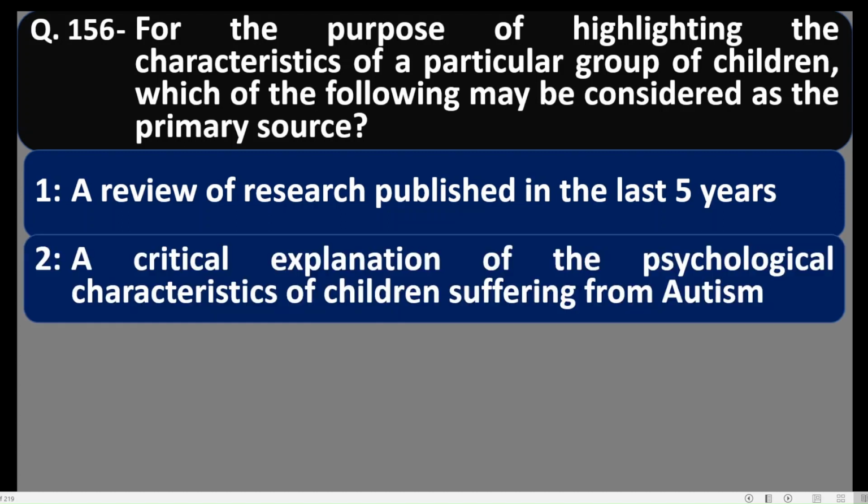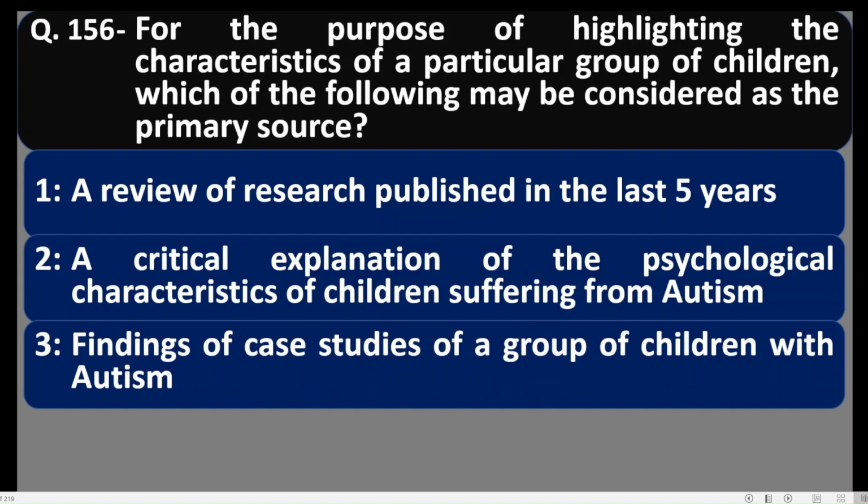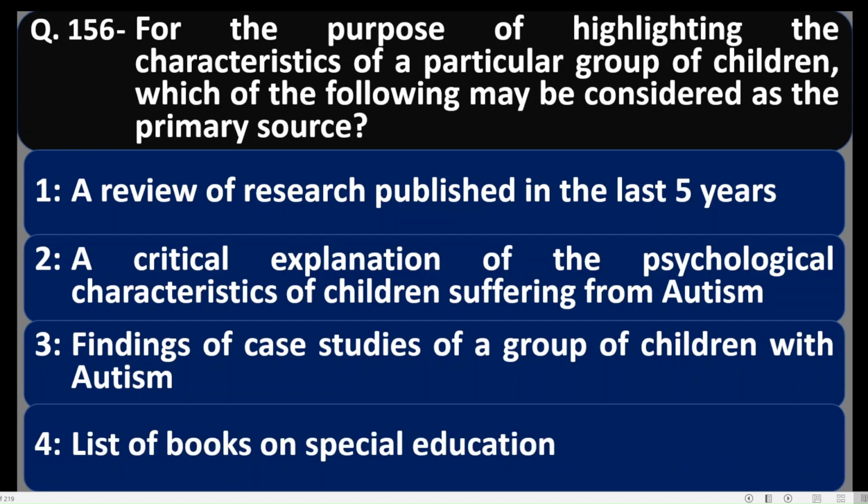Review is not a primary source. Number 2, a critical explanation of the psychological characteristics of children suffering from autism. It is also not a primary source. Number 3, findings of the case studies of a group of children with autism. It is a primary source because it is directly taken from the research report.